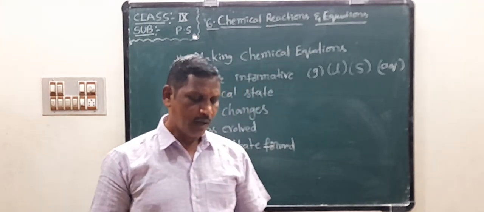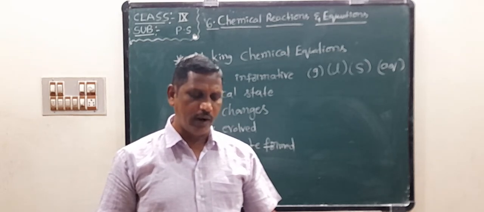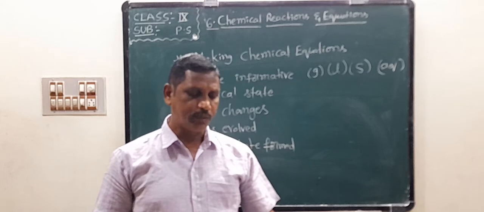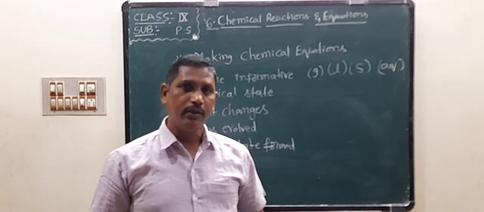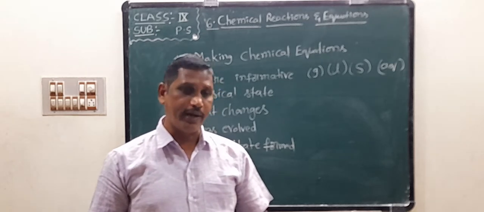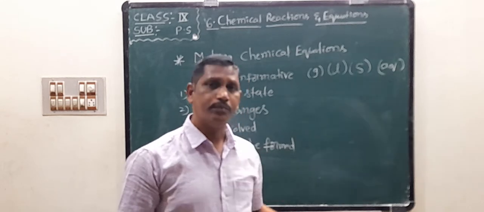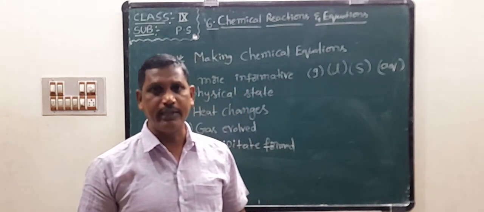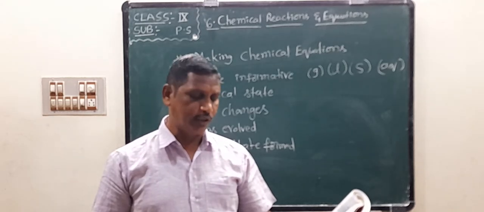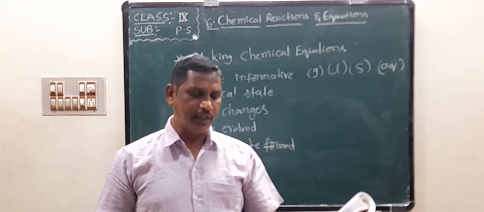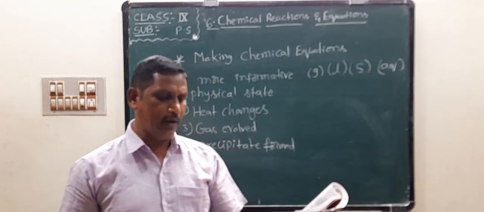If the substance is present as a solution in water, the word aqueous is retained. In the short form, it is written as aq. So the balanced equation is written along with the physical state.